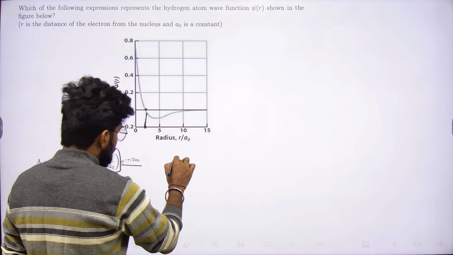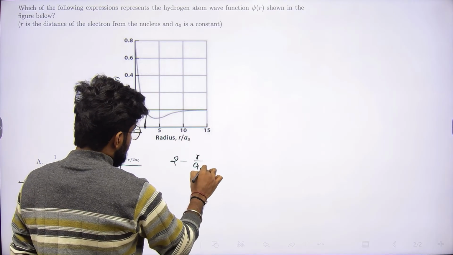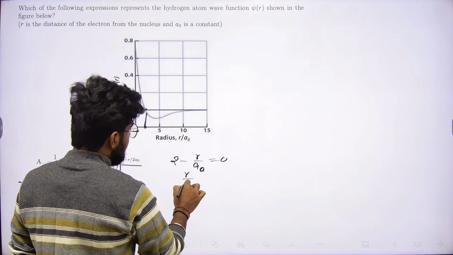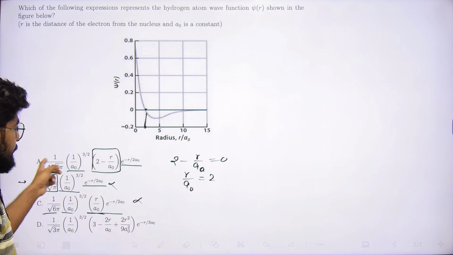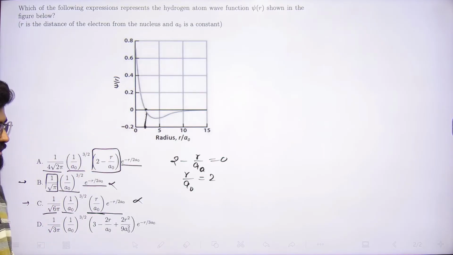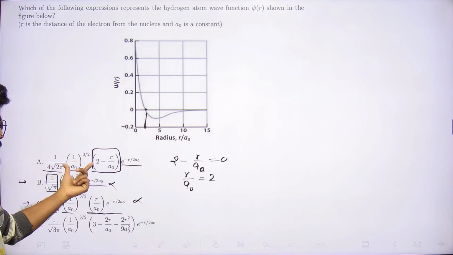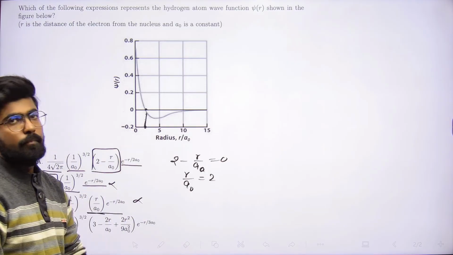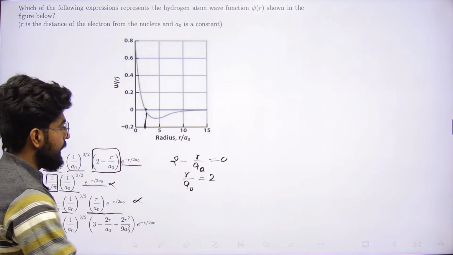So we will keep 2 minus r by a naught equals to 0, and we find that r by a naught is equal to 2. It means that if this curve belongs to this wave function, then at r by a naught equals to 2 this will give you a node, because the wave function is 0 at this value.